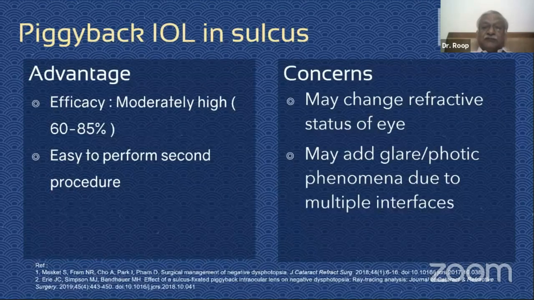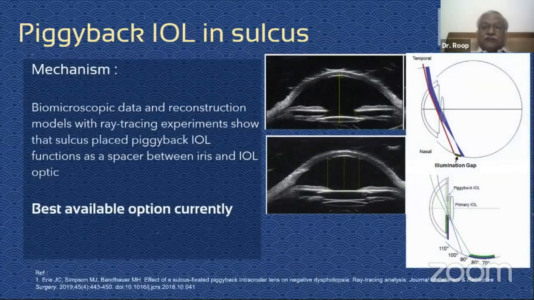Piggyback IOL in the sulcus is another modality which is used. It is quite efficacious, and an easy second procedure. However, it may change the refractive status of the eye to a little extent, and it may add glare and photic phenomena due to multiple interfaces of the two IOLs. Here you can see the mechanism by which the piggyback IOL in the sulcus helps.